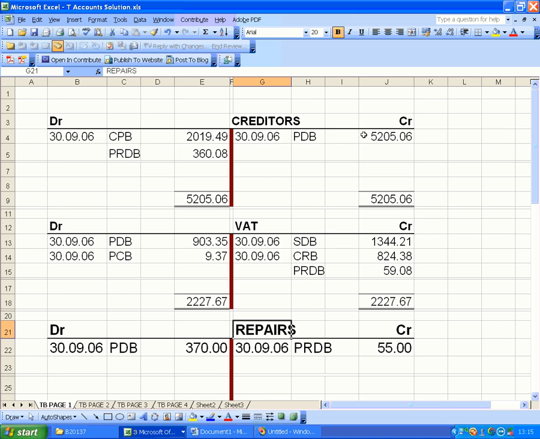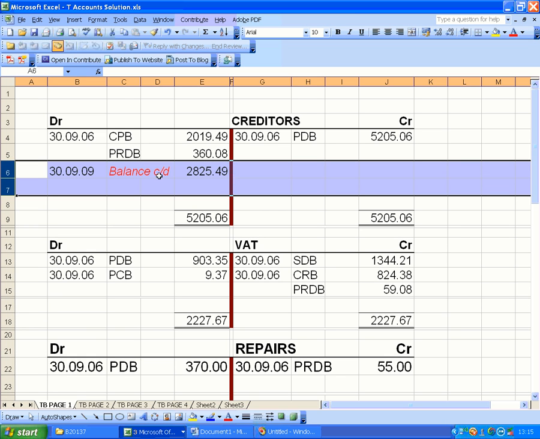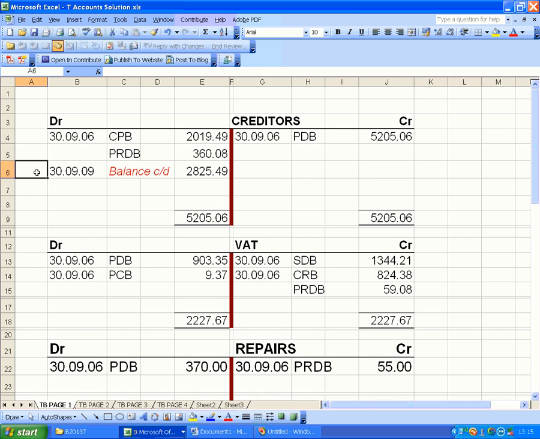In this case, the credit side is the highest, 5205, so we have to establish what the balance is to make the debit side equal to the credit side, and in this case the balance is €2825.49. We insert the date, and this is the figure that's going to be carried down to the beginning of the next period.